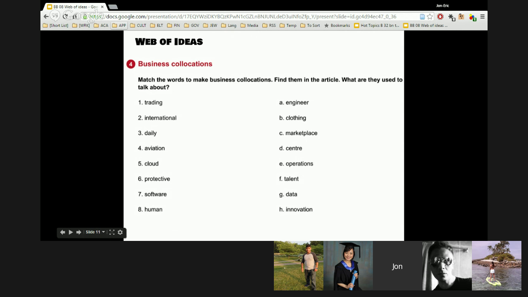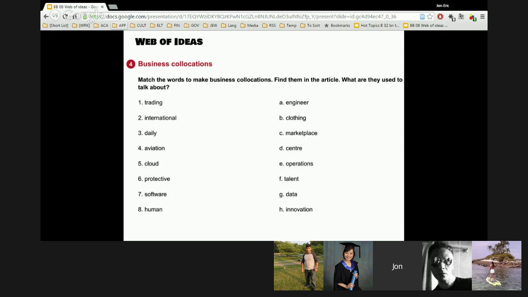Okay, and just to finish up, 6, 7, and 8. For 6, which is protective, we use this collocation to talk about Kevlar. Protective clothing. So the answer is B, protective clothing, because it's a fiber. Okay?